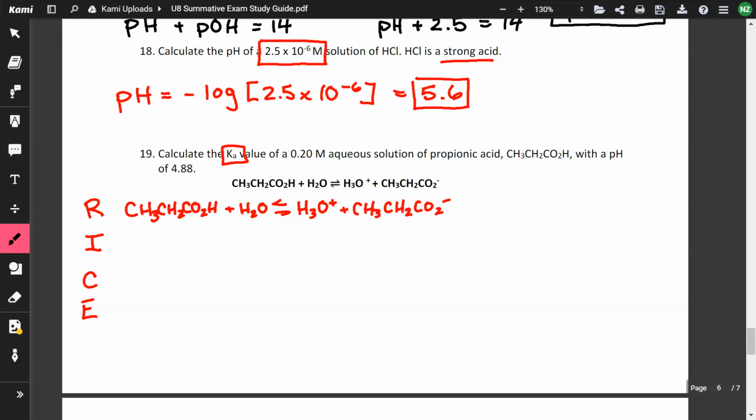Okay, so it tells us that we have 0.2 molar of that. H2O, it doesn't tell us in the question, but this is a liquid, so we can actually cross this one out. H3O is a 0, and this is a 0. Reactants go down, products go up, and let's combine.